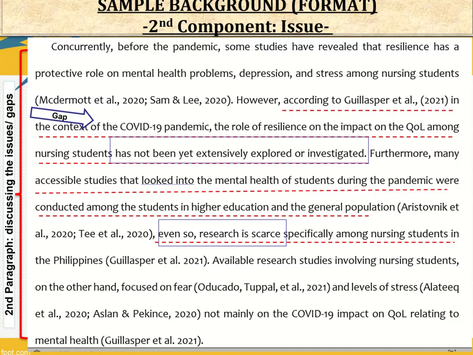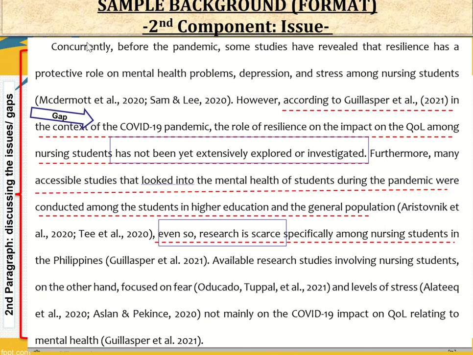Now, for our example, this is in continuation of our first example on COVID-19, about the variables resilience and the quality of life among nursing students in Pampanga. So we can see here, again, this is the second paragraph, and this is the second component, which is about the issue. Here we can see the discussion of the authors of the issues and gaps identified in their research.